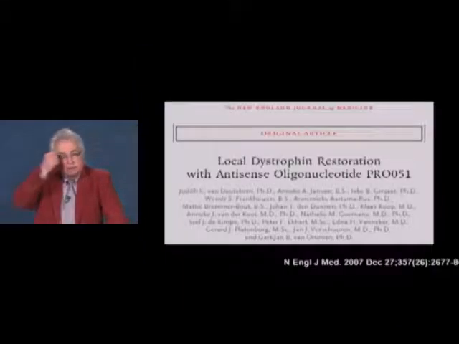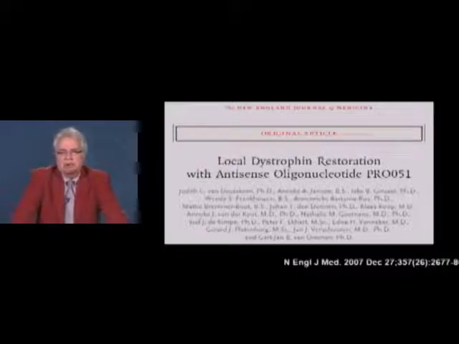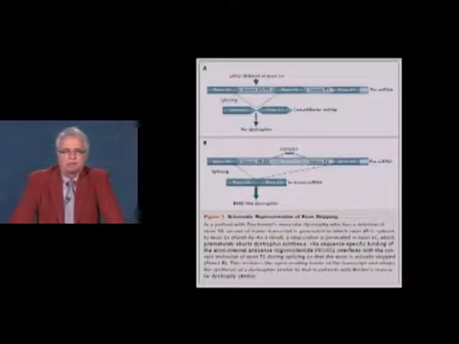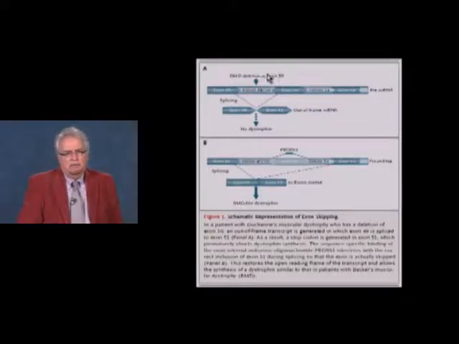So as far as the oligonucleotides are concerned, the antisense oligonucleotide known as Pro51 has been studied extensively for a number of years, and there are publications like this one in the New England Journal of Medicine describing local dystrophin restoration after injection of Pro51. The idea behind exon skipping is that if, for example, you have a deletion of exon 50, you can see that the ends of exon 49 and exon 51 are not compatible.